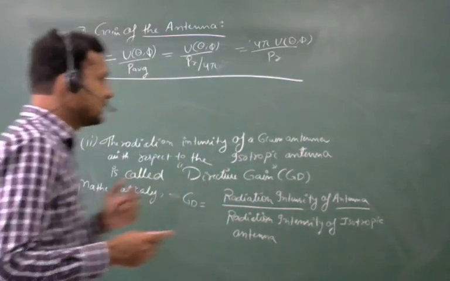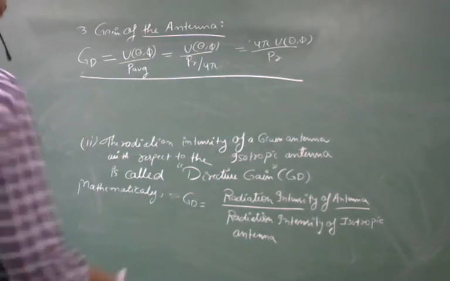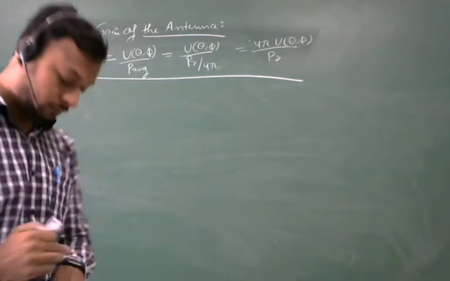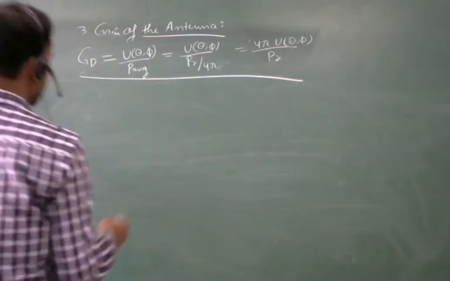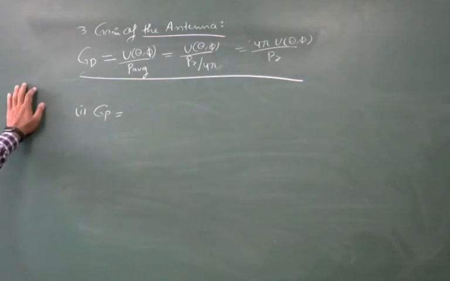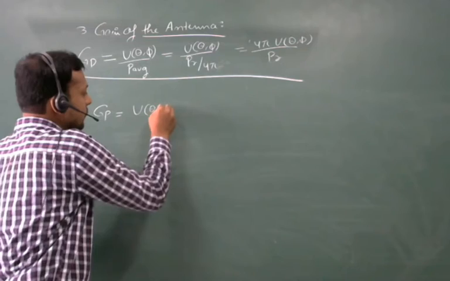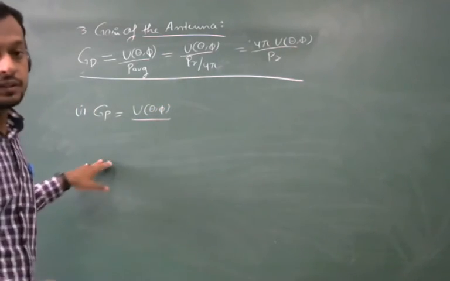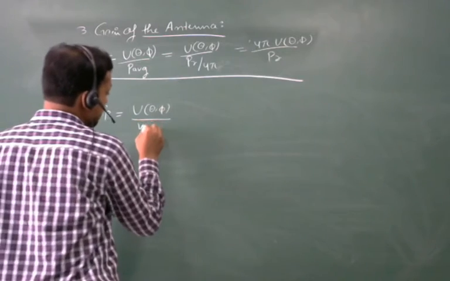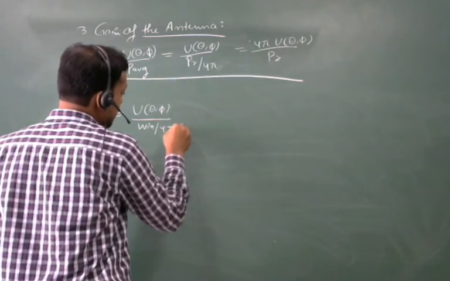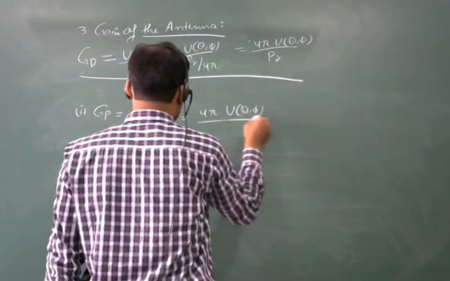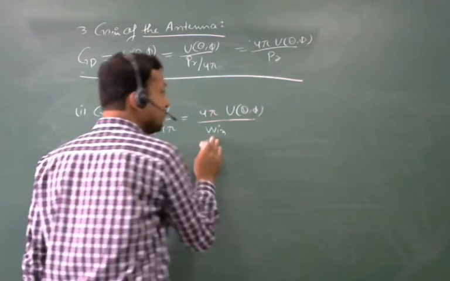So G P can be written as U theta comma phi upon the input power divided by 4 pi, and this will become 4 pi into U theta comma phi upon the input power.